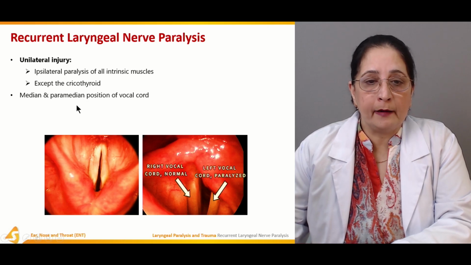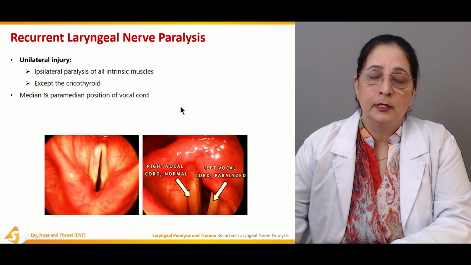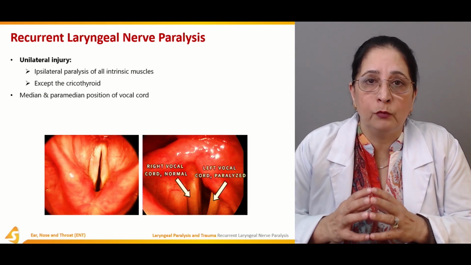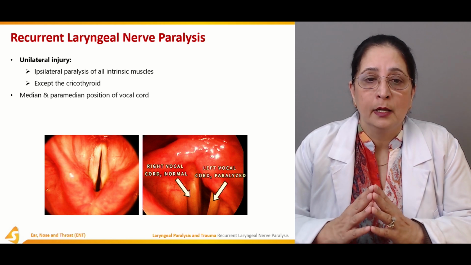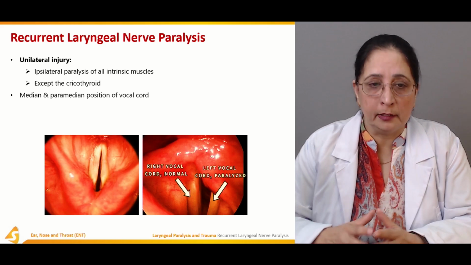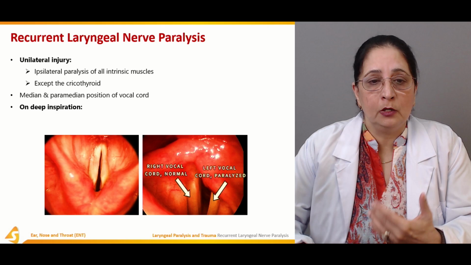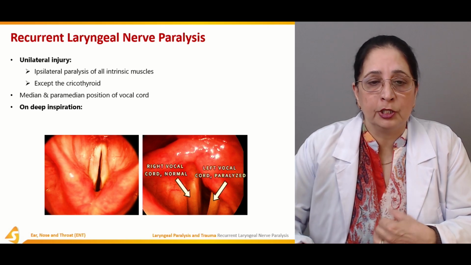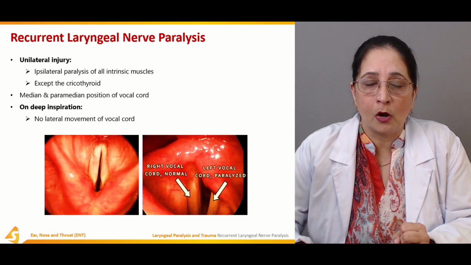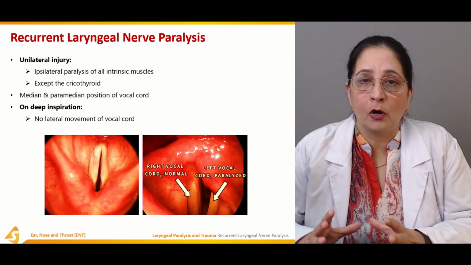Median and paramedian position of the vocal cord. The median and paramedian position of the vocal cord occurs with paralysis of the recurrent laryngeal nerve. On deep inhalation or inspiration, there is no lateral movement of the vocal cord.